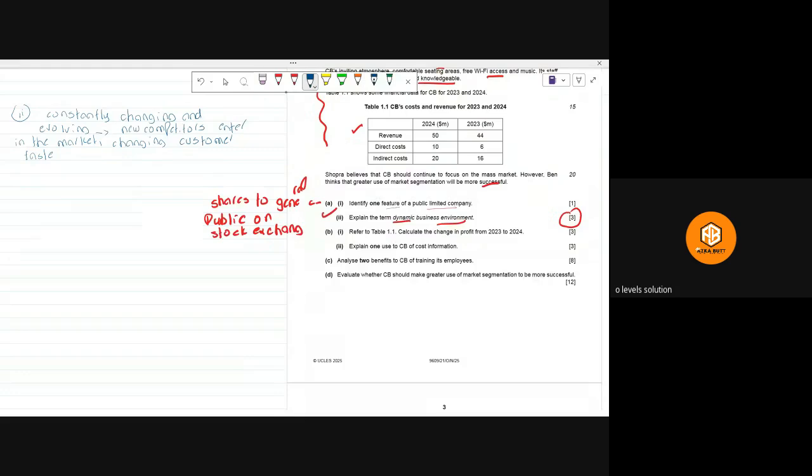But now we also have to write the application, which means we have to write an application from the case study. So from the case study, we can say that in CB's case, we know that they are operating in a dynamic market, and they are operating in a dynamic market because there is high competition.